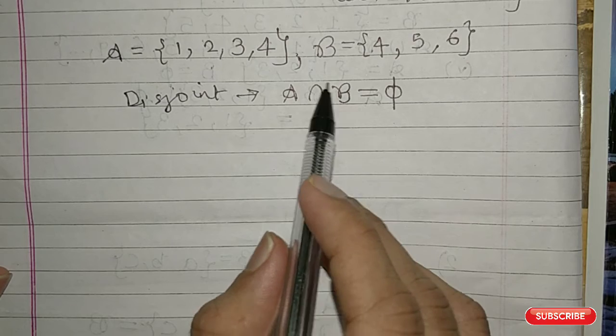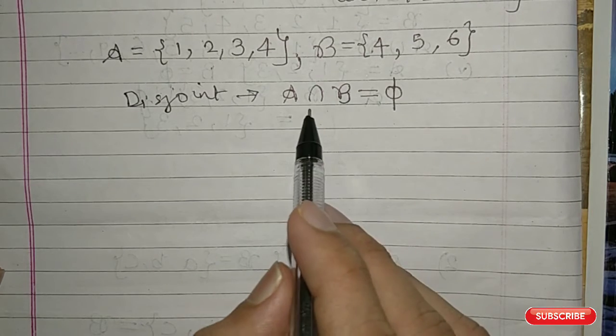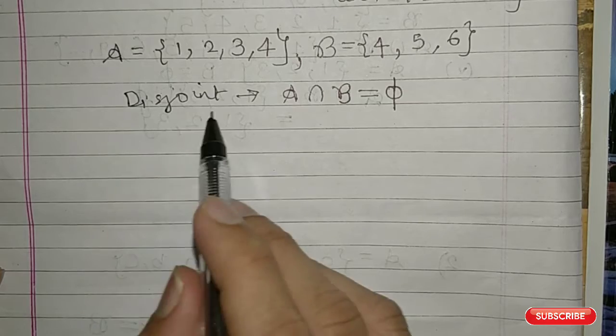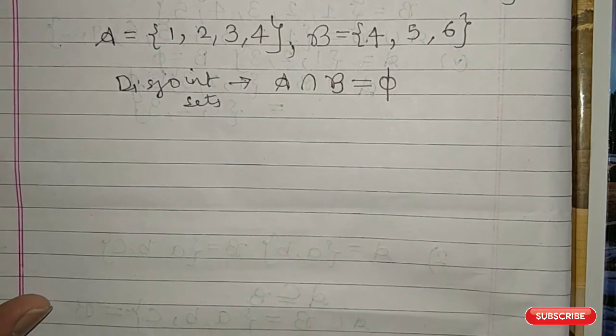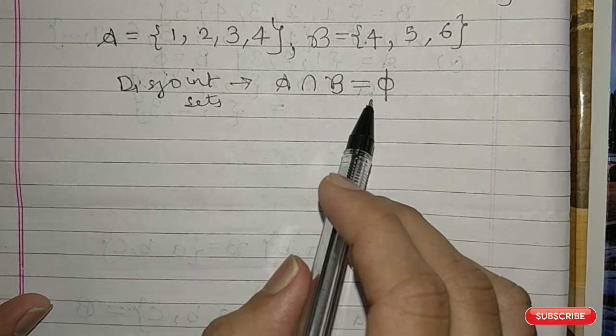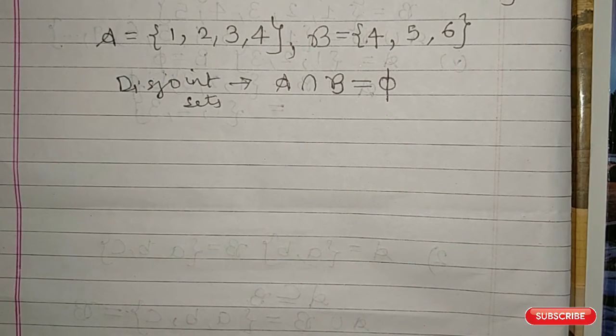So the intersection of those sets will be the empty set. So that is known as disjoint sets. When A intersection B is the empty set, then A and B are said to be disjoint sets. A and B do not have any common element between them.